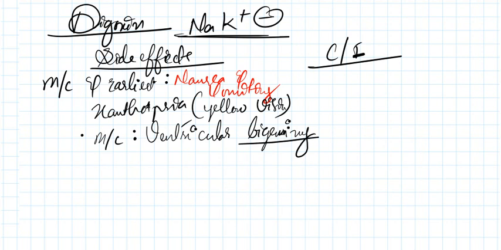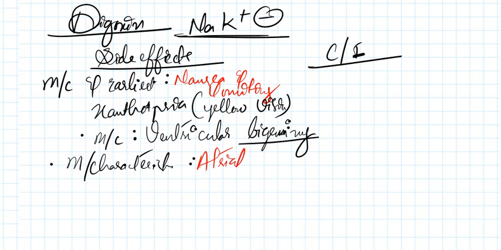This is most common. And what if the examiner asks most characteristic? Then it is atrial tachycardia with AV block. You just highlight this, atrial tachycardia with AV block.